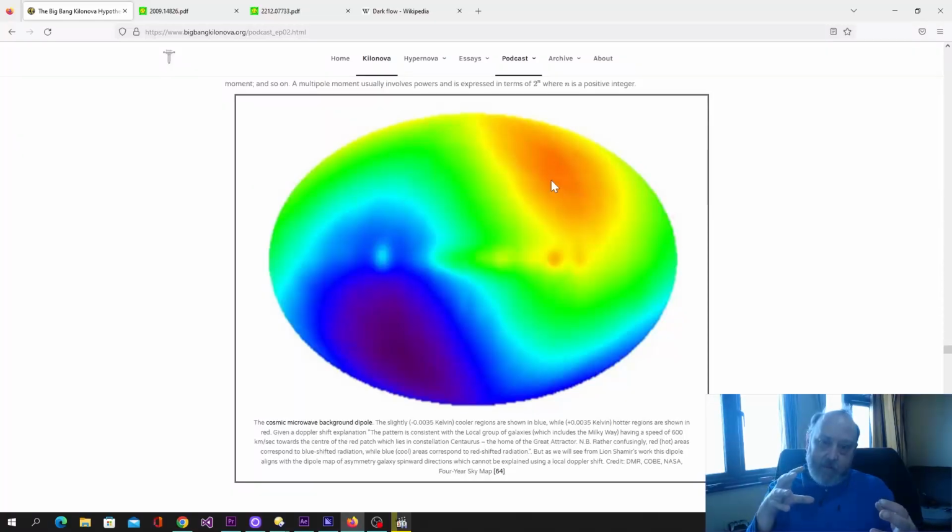As the region becomes denser and denser, it becomes hotter and hotter. Whereas a region where matter is being pulled away from it becomes colder and colder as it has less matter within that particular area.